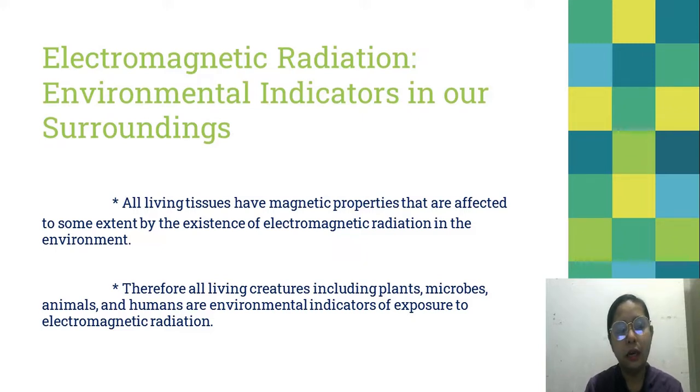So when we say all living tissues, they are all living creatures, including plants, microbes, animals, and humans, are environmental indicators of exposure to electromagnetic radiation. So it means that they can be an indicator whether they have received a lot of electromagnetic radiation or less of that electromagnetic radiation. So they can be an indicator of that exposure.